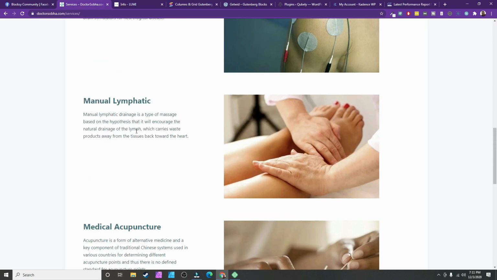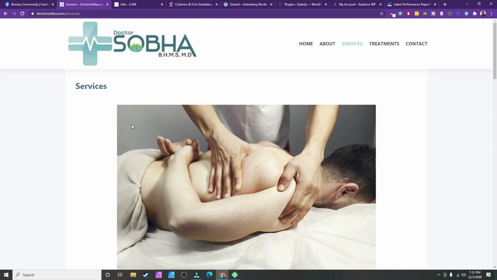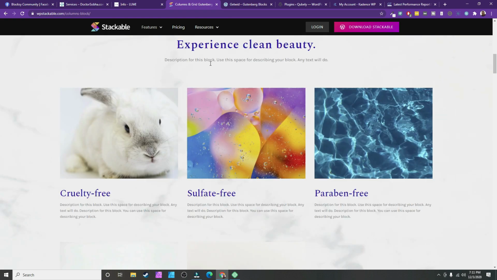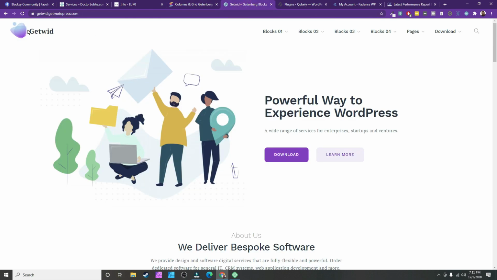But what this is doing is making Gutenberg the go-to thing that people go to. If you go to WordPress and type in Gutenberg and start looking at all the page builders, you find Stackable and you find Getwid. There's way more than that.